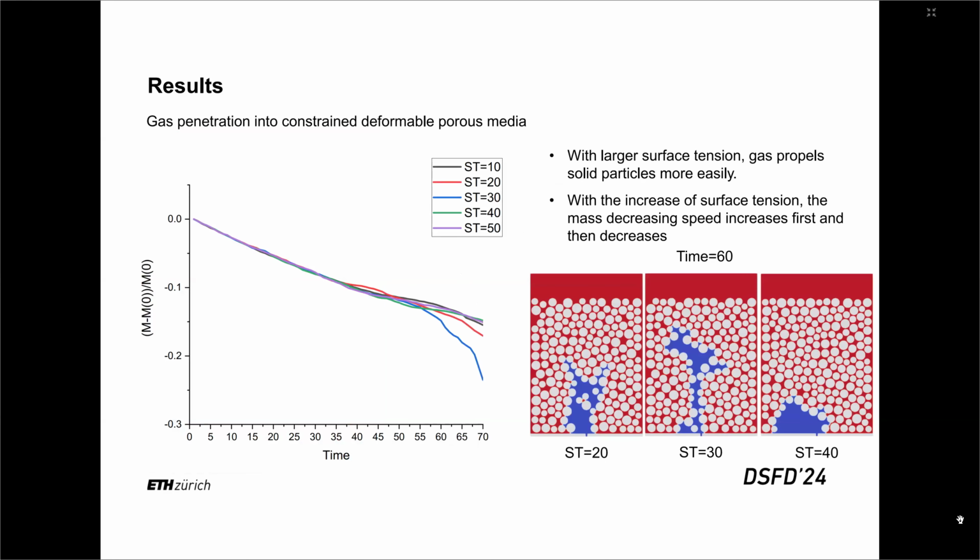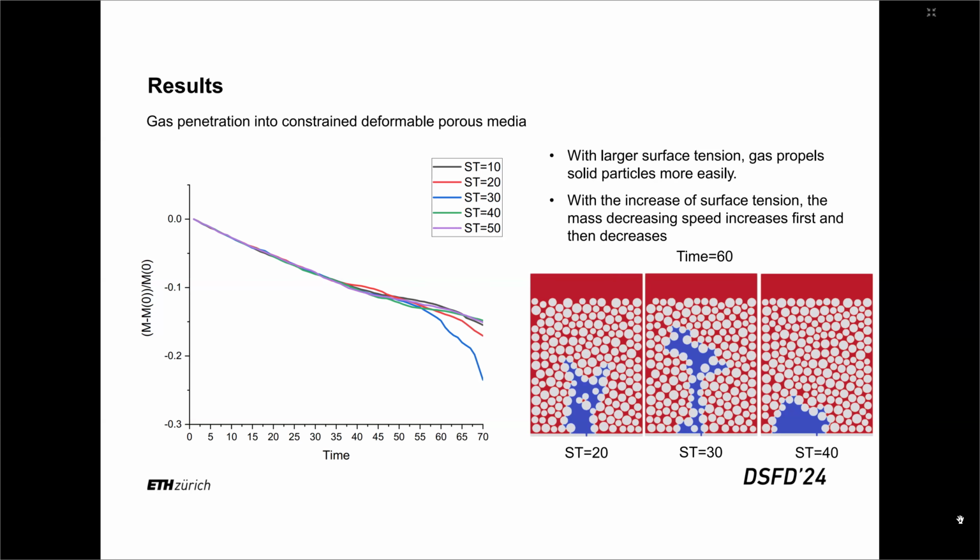Through our simulation result, we can find that the main propelling force is capillary force. Therefore, we try to adjust the surface tension coefficient and study the effect. We set the surface tension coefficient from 10 to 50.